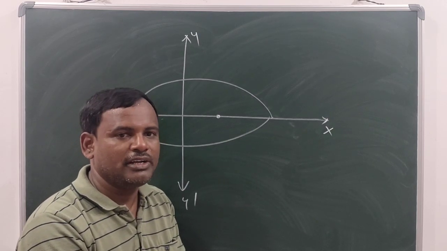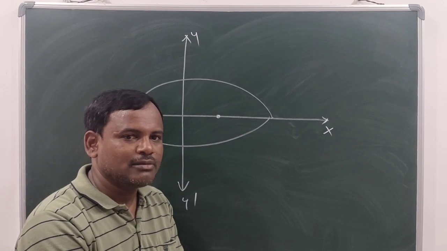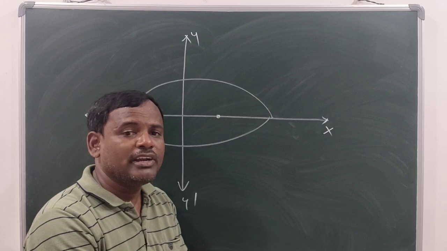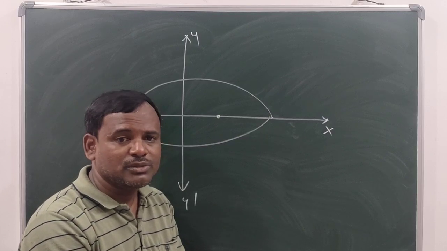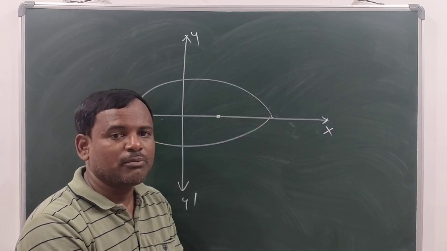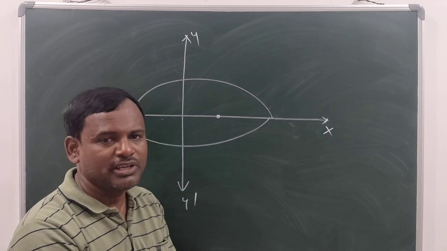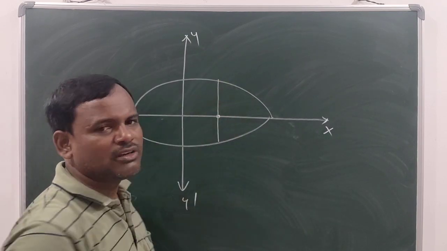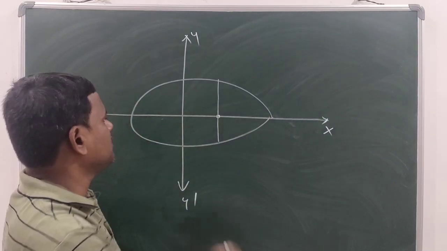How did you define the latus rectum while learning the parabola? A double ordinate which passes through the focus of a parabola is known as a latus rectum.